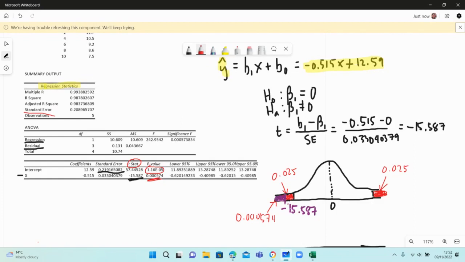And so since this number exists in the left rejection region, then we again reject the null hypothesis. So reject.